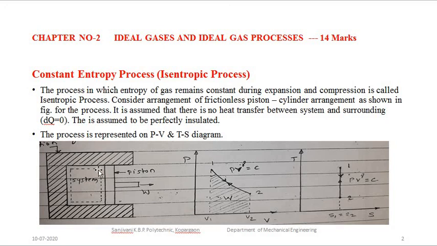So for this particular isentropic expansion and isentropic compression, during the isentropic expansion, whenever there is an expansion of the gas here, we see that the heat transfer is zero. So whatever internal energy there is of this particular system, that is utilized for the expansion process. So that much internal energy is utilized, and we see that expansion of molecules takes place.